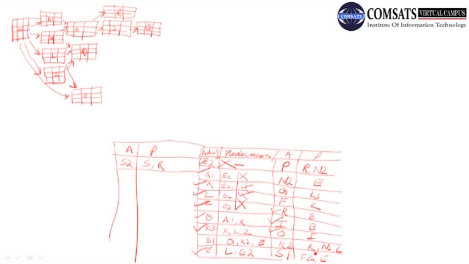R has been plotted, and L has been plotted, but N2 is not plotted. N2 is dependent on E. So we must be having something over there, and that is N2, and that is dependent on E. So N2 has been done.